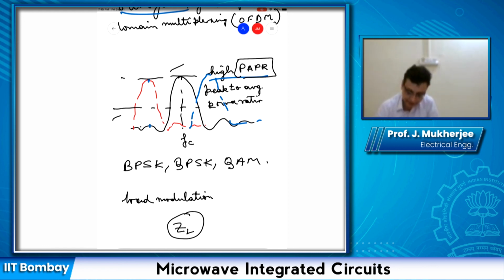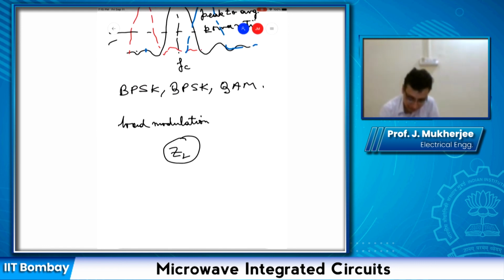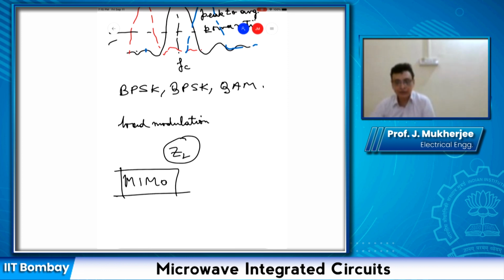And on the receiver side, you have something called MIMO. So the receiver will receive signals from multiple sources. Okay, and it can be shown that for the signal that is received, we can have a statistical description, and based on that we can have our receiver.